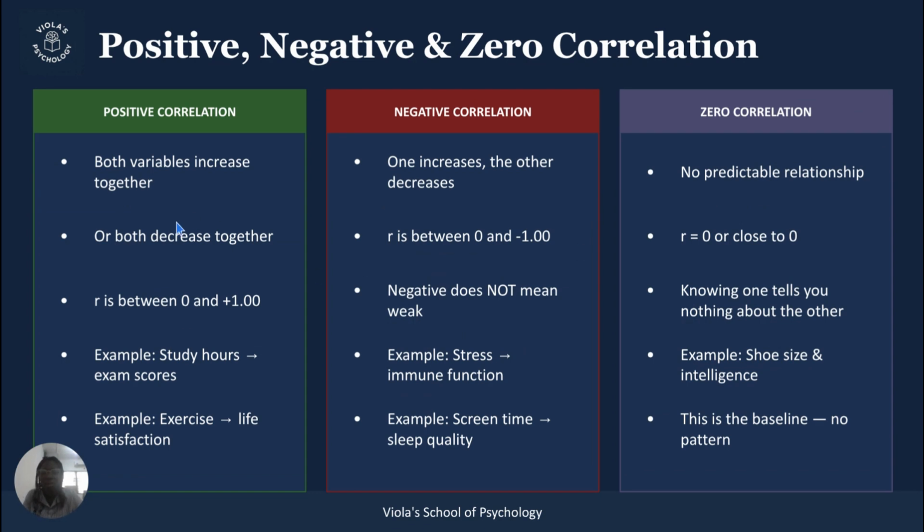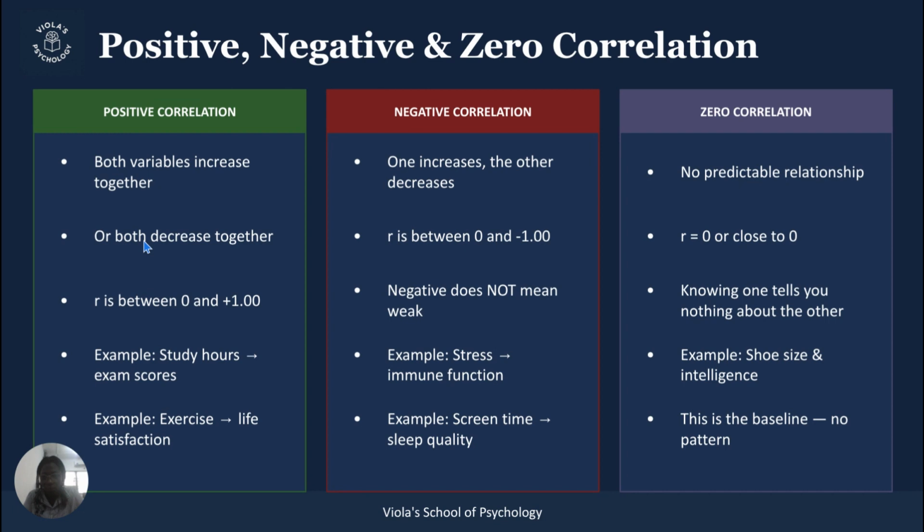Now, the three types of correlation, because not all relationships work the same way. On the left column, we have the positive correlation, where both variables move in the same direction. An example is more study hours being related to higher exam scores.